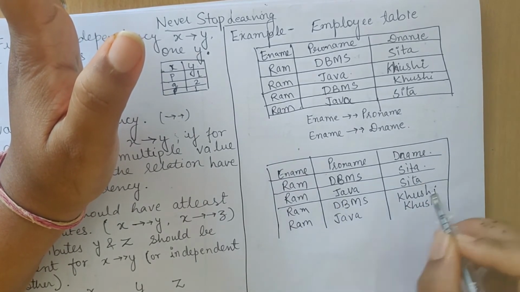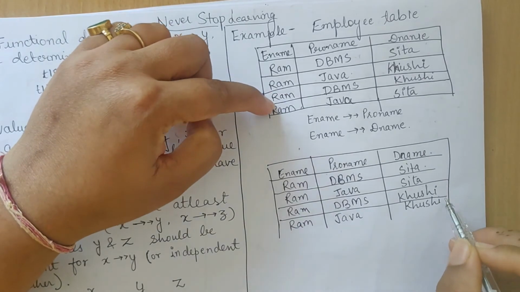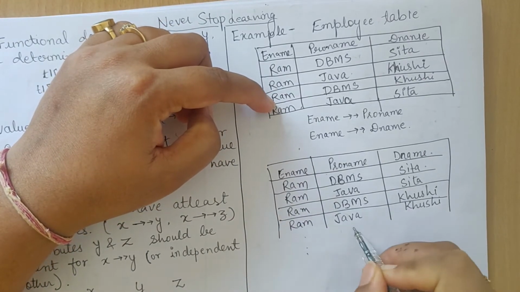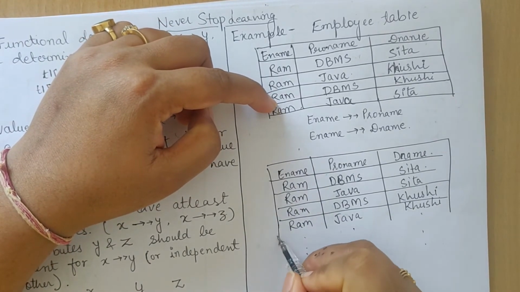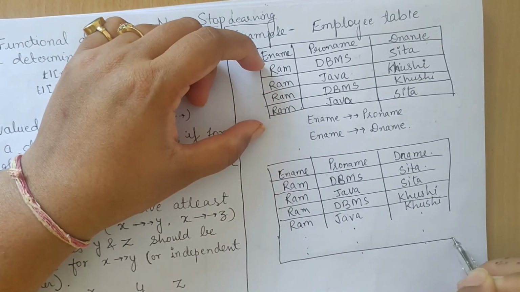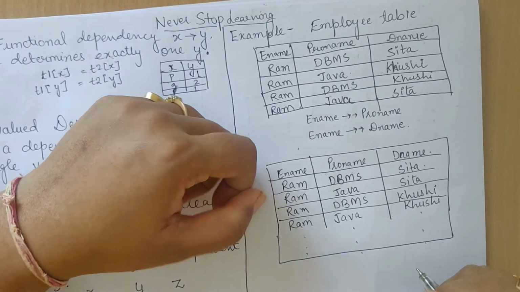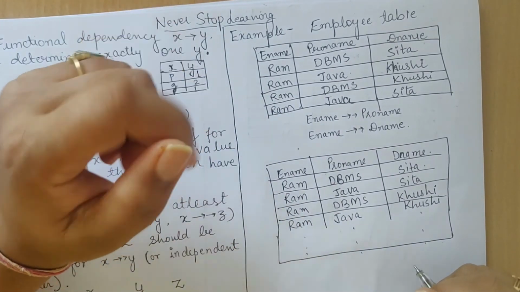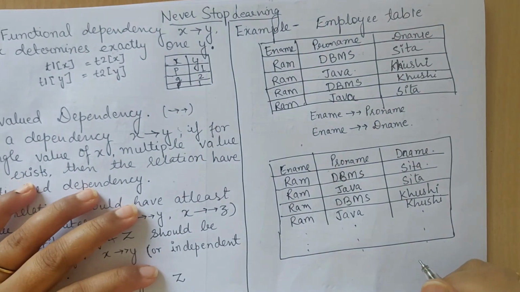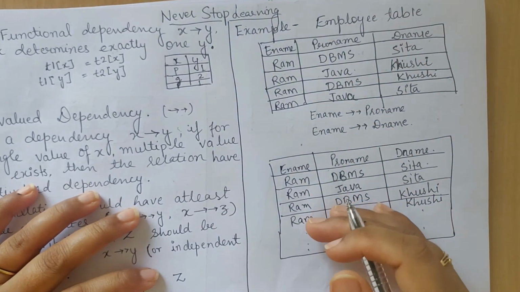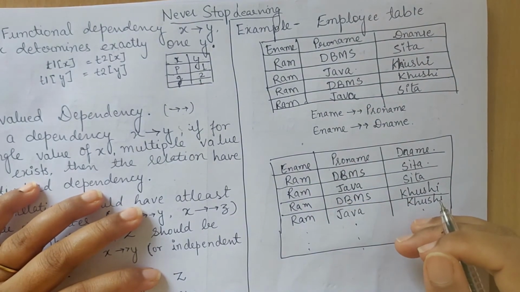Now a similar thing will happen for this other Ram as well. So how many redundant values will be generated? The actual values are only 4 rows, but we will get 8 rows for the self join, and we cannot remove them because there is no common tuple. So this is the problem with multi-valued dependency.